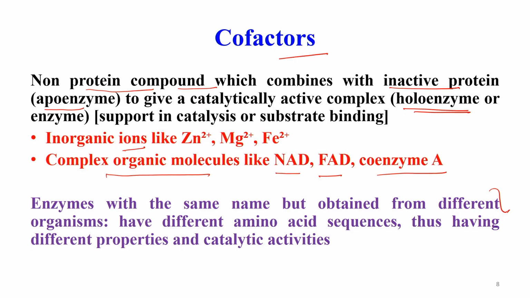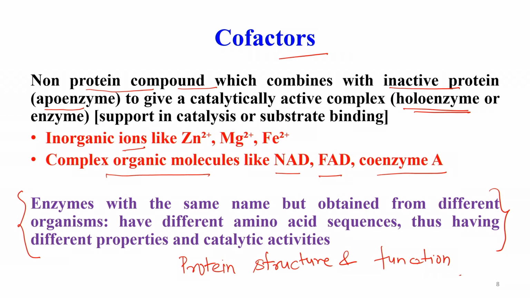Now it's important to understand this. This relates protein structure and function. The function of a protein is regulated by the structure of the protein, and we can tune the structure of a protein by tuning the amino acid or primary sequence of the protein.